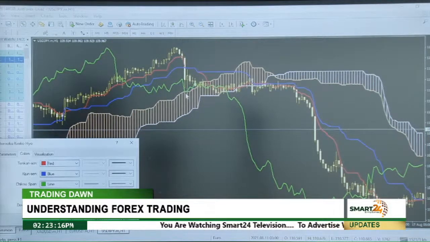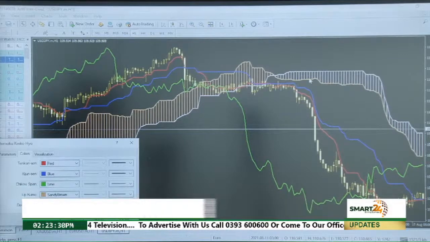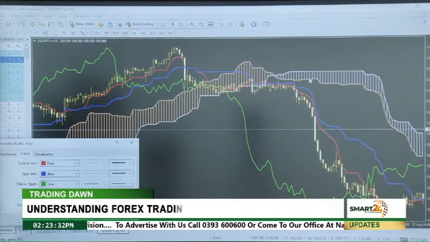Then signal number 2 was the Kijun Sen going below the Tenkan Sen, and the last part was the cloud turning to the color of whitish purple.